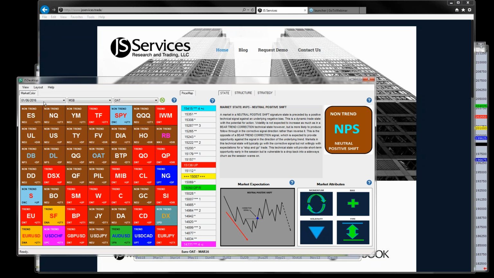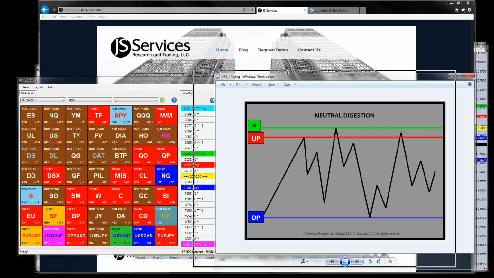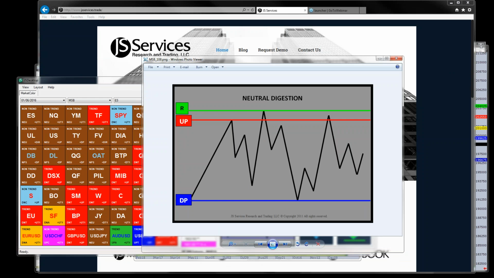But each one of these market states has a structure aligned to it. So if we take a look at a market that's in neutral digestion, this neutral digestion state is true as long as the market is holding this structure.